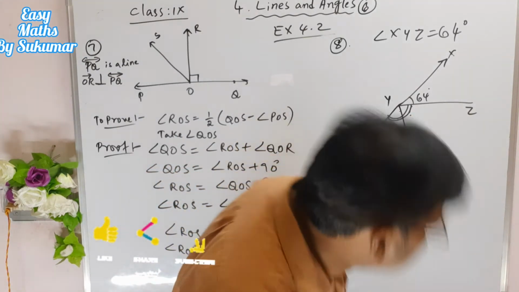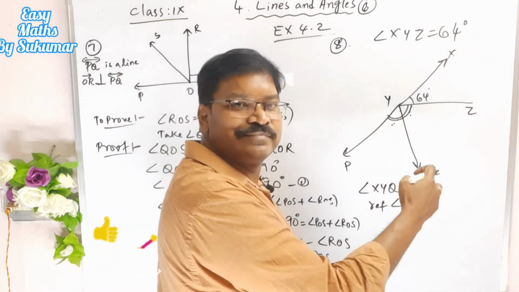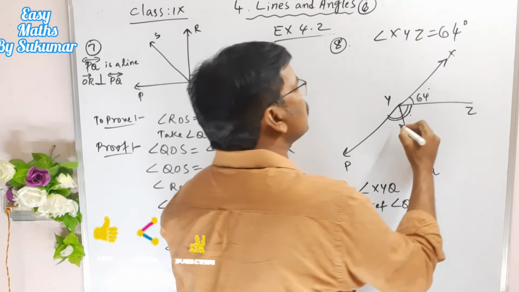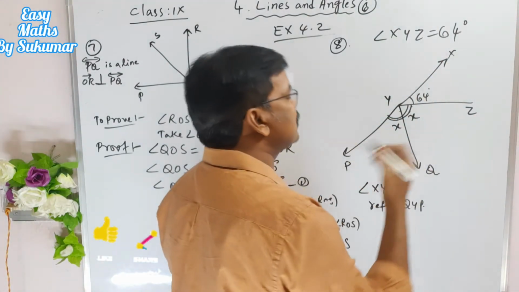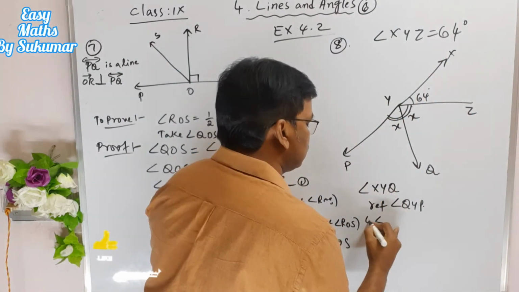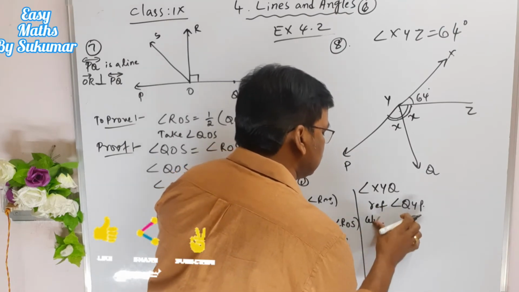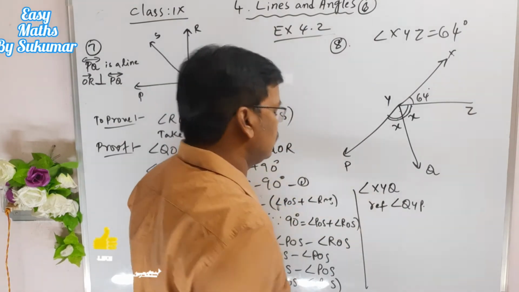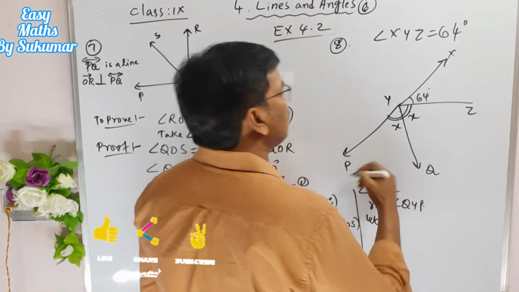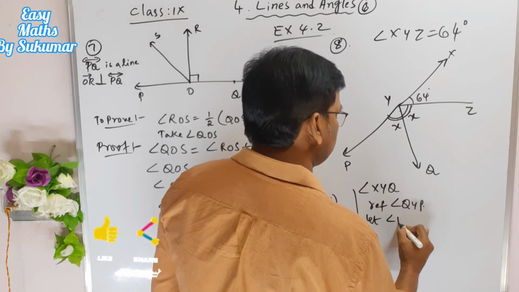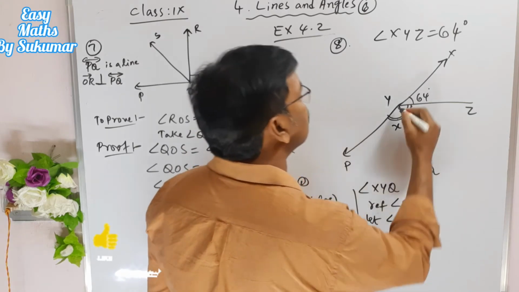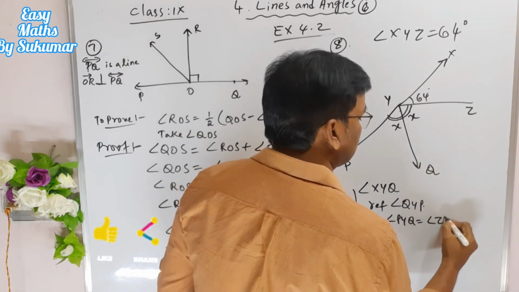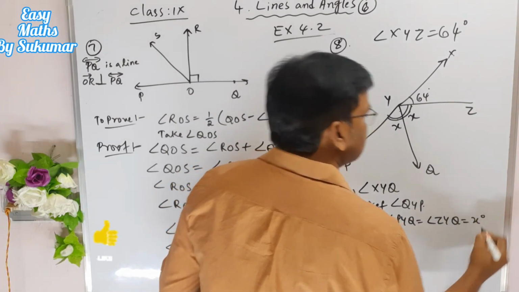It is given in the statement. Why? This YQ is bisecting. Bisecting means it divides it into two equal angles. So it is x and it is also x. Just take it like that. Let angle PYQ, ZYQ, both are equal, but they are equal to x degrees.